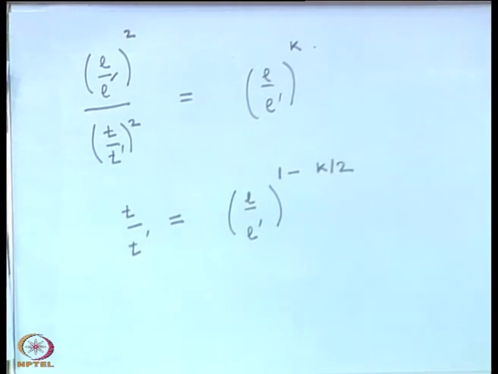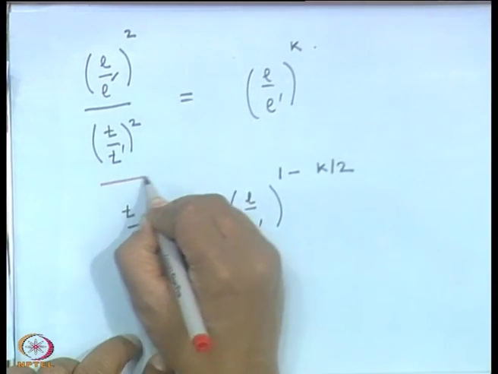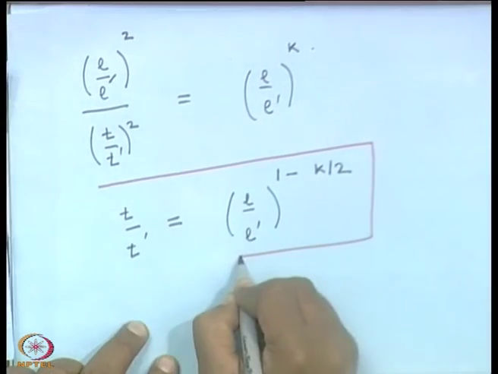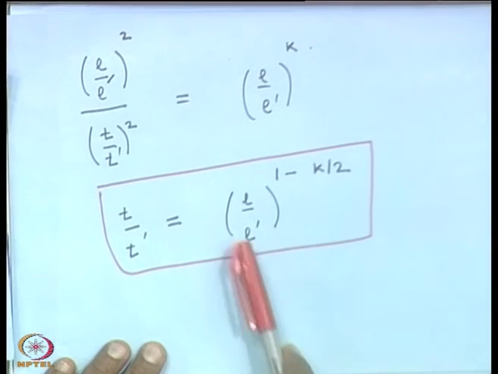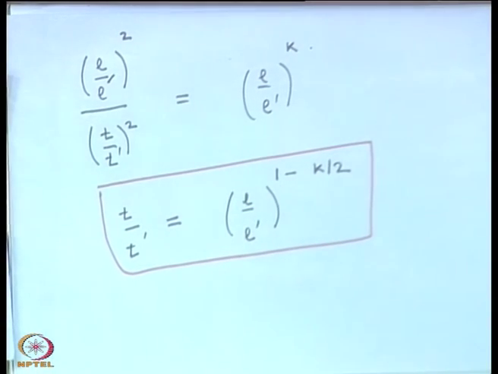So, if I scale my lengths from L to L prime, the time will also scale from T to T prime, and this is related to L by L prime in this fashion.